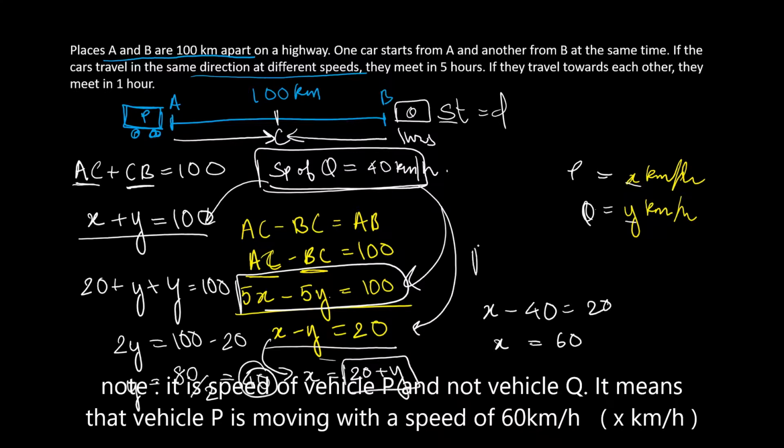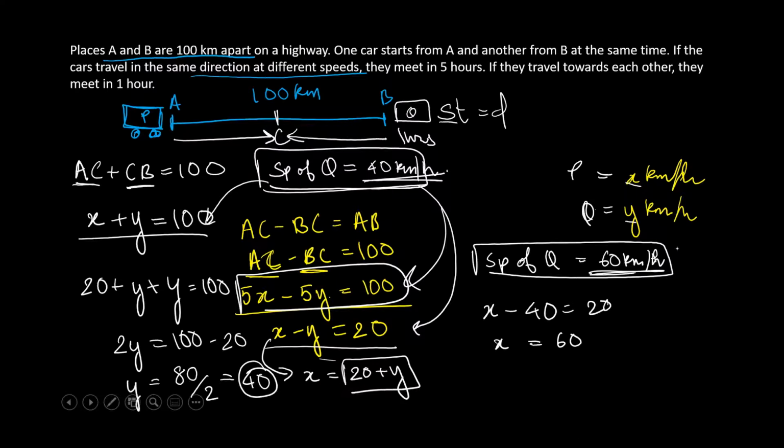Now what I get is the speed of P. Speed of vehicle P is 60 km per hour. Now I get both of the speeds which they asked. They asked what is the speed, so I'll get both my speeds, one as 40 km per hour and the other as 60 km per hour.